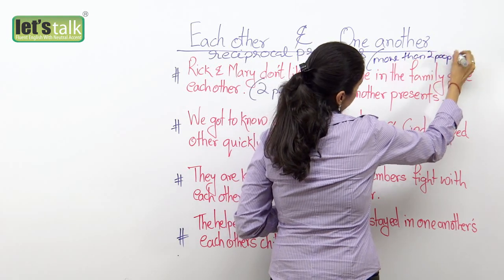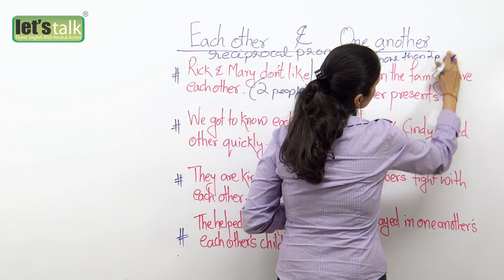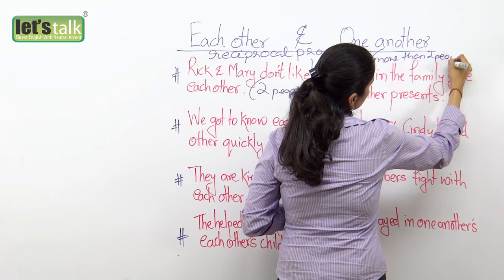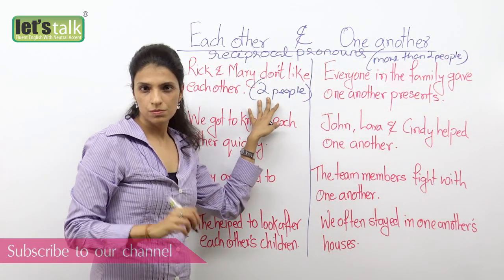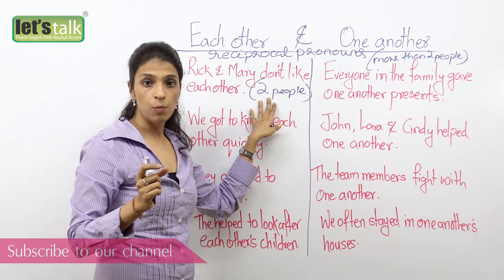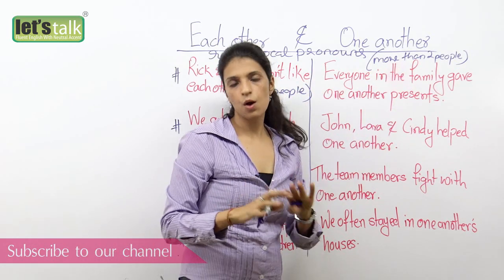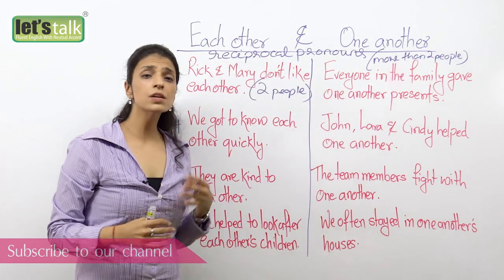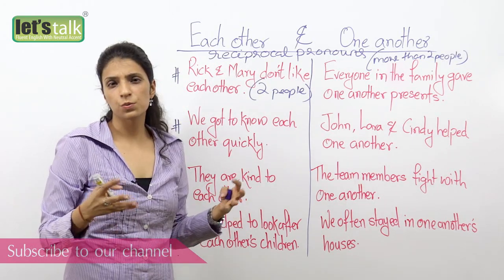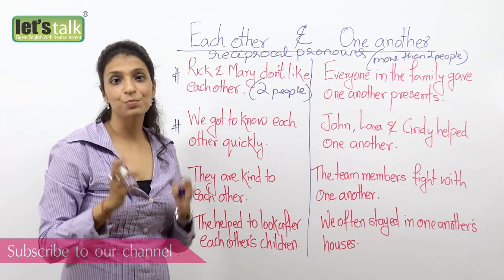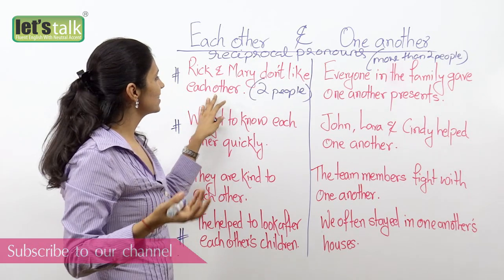So anything that's two people, it's always each other. More than two, there could be three or a zillion, one another. And a lot of people also believe that they are interchangeable, like you can say each other, one another, as long as you get the point and the point will go across, so they are interchangeable.